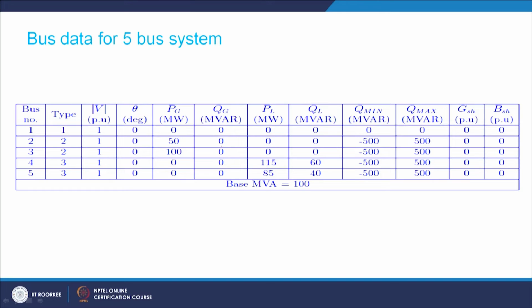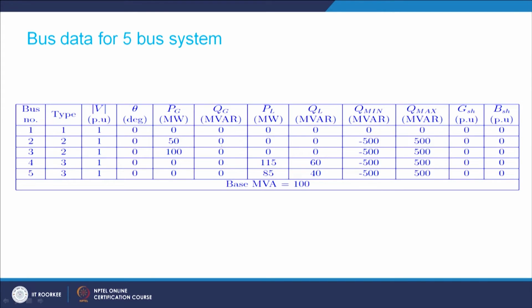Now, bus 4 and bus 5 are nothing but the load buses, and for these load buses P load is 115 megawatt for bus 4 and 85 megawatt for bus 5, and similarly Q load is 60 and 40 for bus 4 and bus 5. Please remember PL and QL are 0 for bus 1, 2, 3 because these are generator buses.